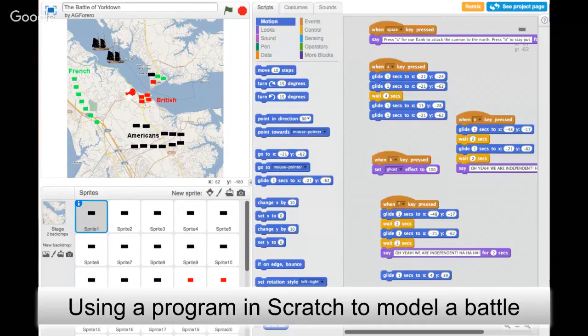Scratch has always been my go-to gateway to get kids into programming. If it ever fails, it's because a lot of times the student is either resistant or is deliberately trying to avoid it. But most kids take to it like walking. So I'm glad to have that tool in the tool belt.